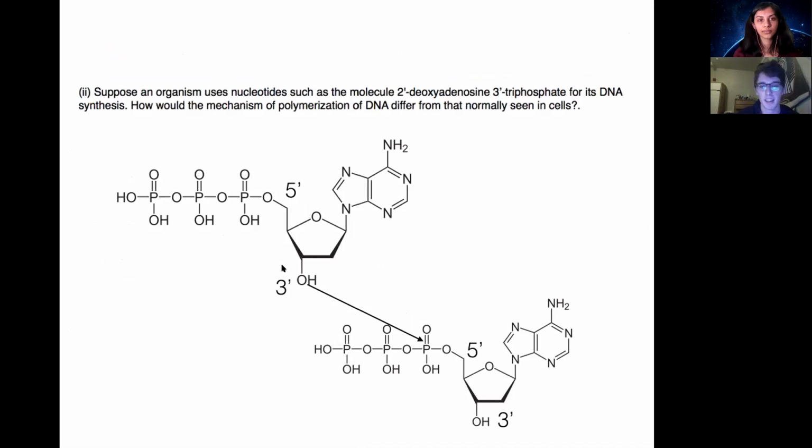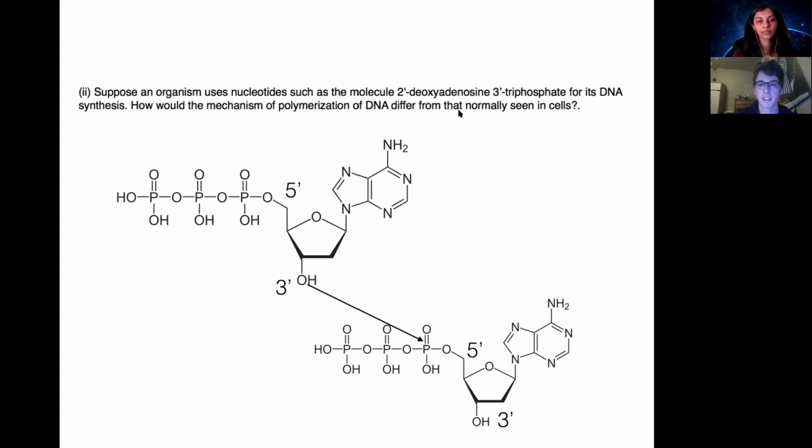In the normal case, the 3' hydroxyl group would attack the innermost phosphate, and that would kick out a pyrophosphate. And that would ultimately be 5' to 3' synthesis, because once they polymerize, the 5' end would be sticking out at the top, and the new nucleotide would have a 3' end.